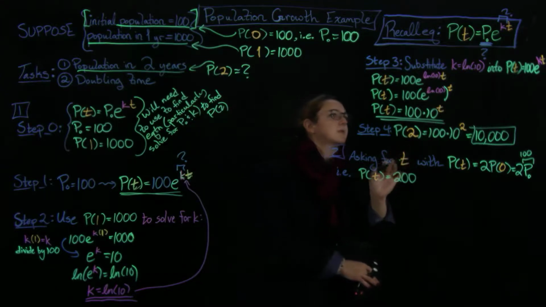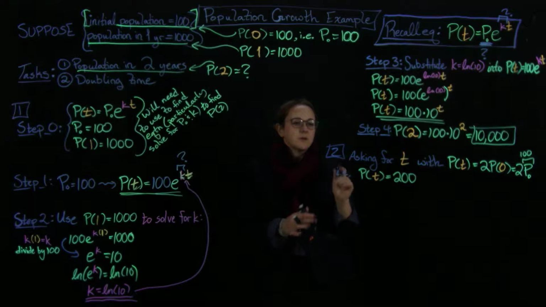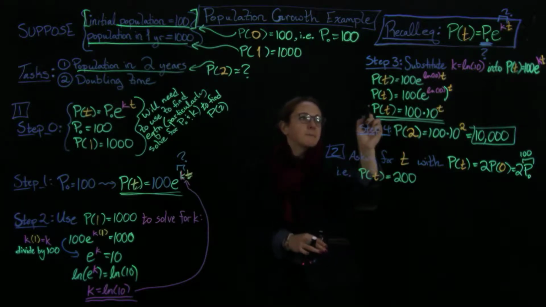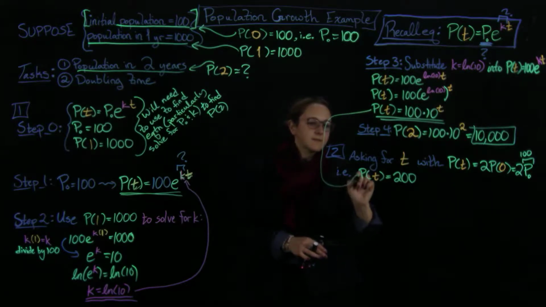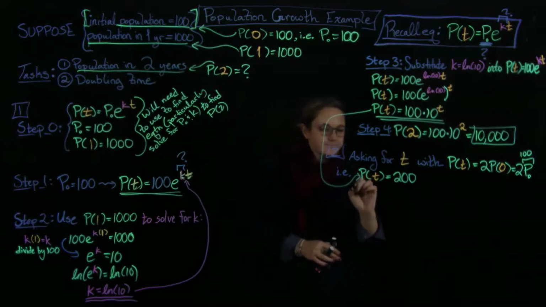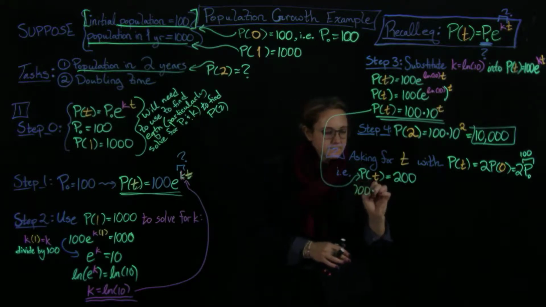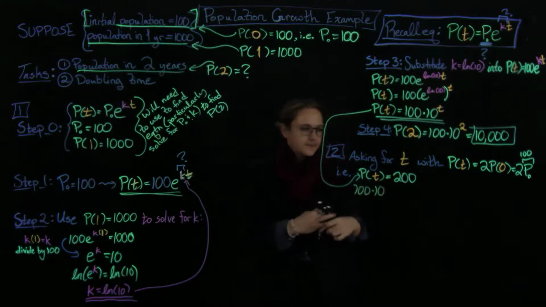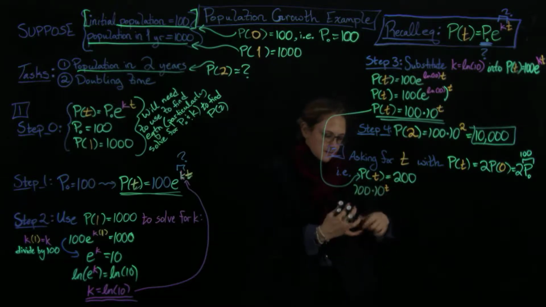Now we need to put the equation in here. This is the equation that we need. So I can put this in for that. So I get 100 times 10 to the t is going to equal 200.